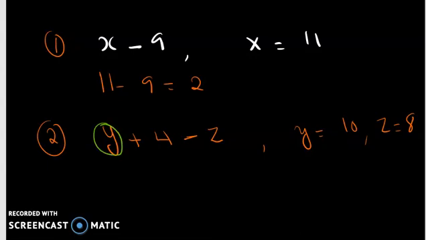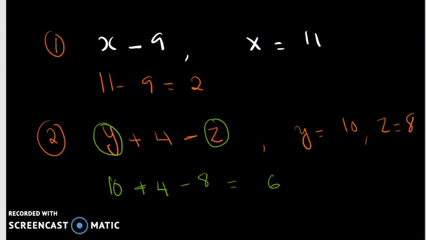Y is a variable and z is a variable. So in place of those variables, we're going to put in 10 and 8. So this is 10 plus 4 minus 8, and 10 plus 4 is 14. 14 minus 8 is equal to 6. So that will be the value of the second expression, y plus 4 minus z.